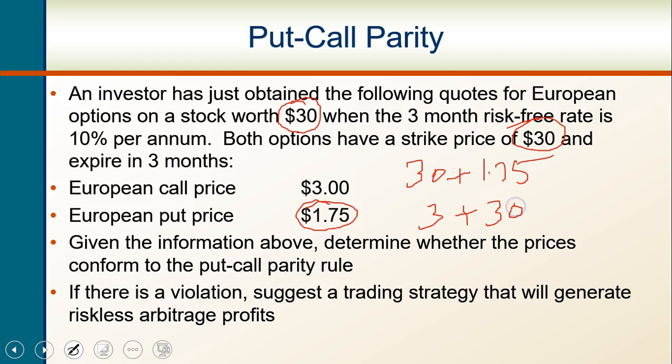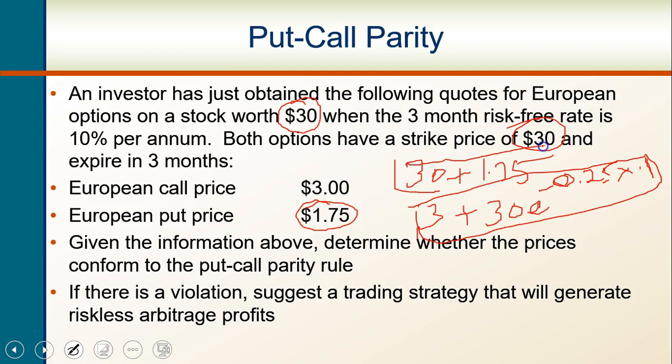So 30 multiplied by e raised to the power of minus R times T. T is 3 months, which is a quarter of a year, written as 0.25, and R is 10%, so 0.1. This is the right hand side, and this is the left hand side, and we need to check whether both of these are equal or not. Let us see it in a neat fashion on the following slide.